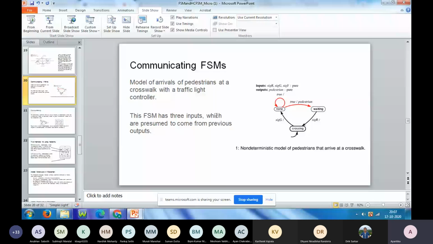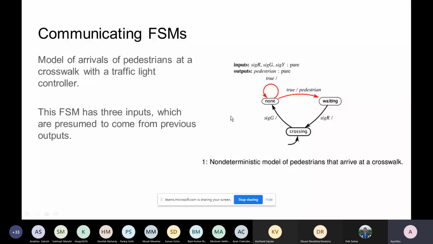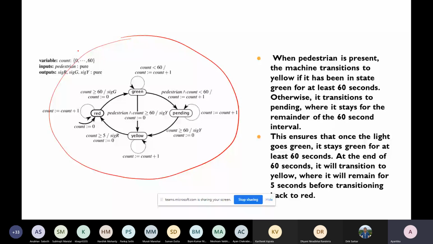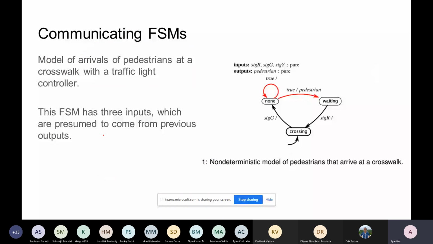For example, whatever we have discussed with the traffic light controller example, if you remember that, this was the model. Maybe you have all done this, something similar to this. And here we introduce some pedestrian input. Then we talked about how this pedestrian behavior can also be modeled with some form of finite state machine.